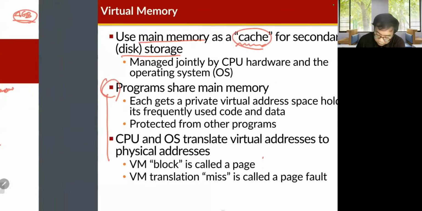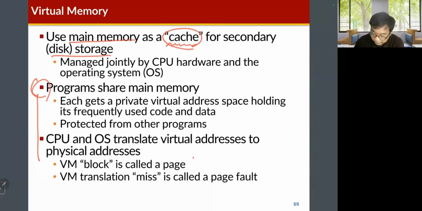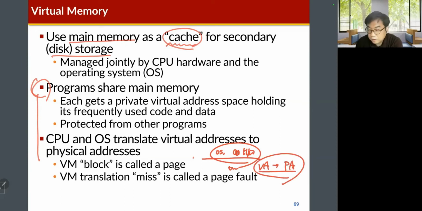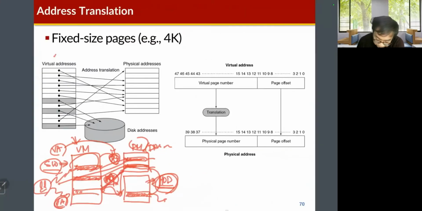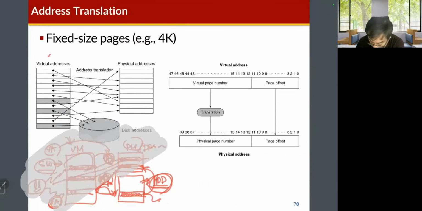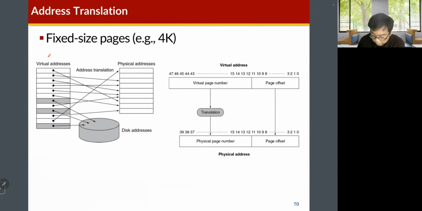In order to provide the virtual memory concept, the operating system and the computer hardware need to provide the translation from virtual address to physical address. For example, the load instruction accesses memory, like load x1, 0(x2).